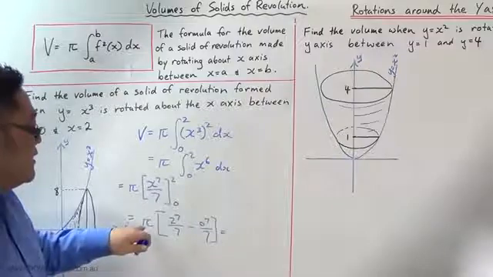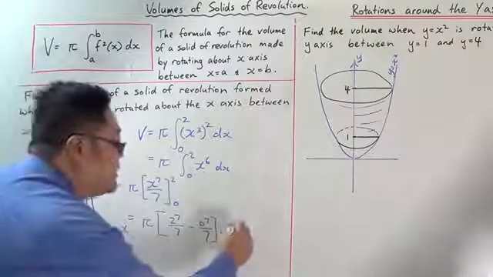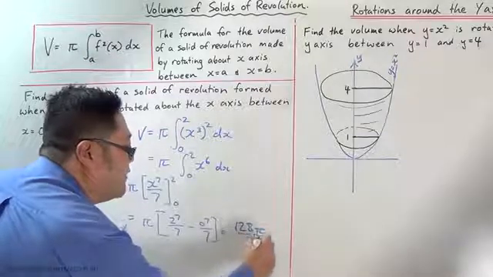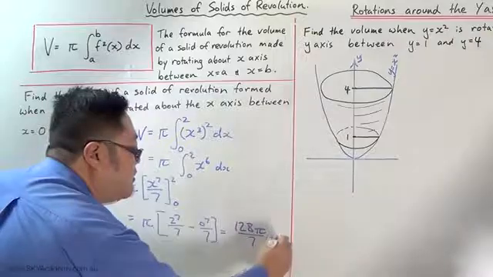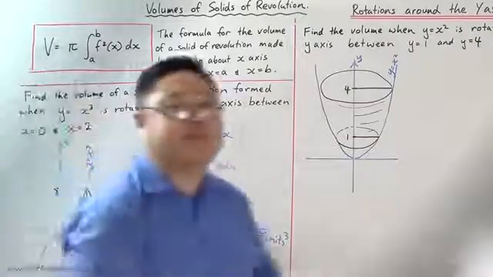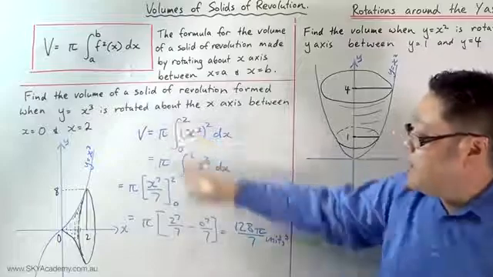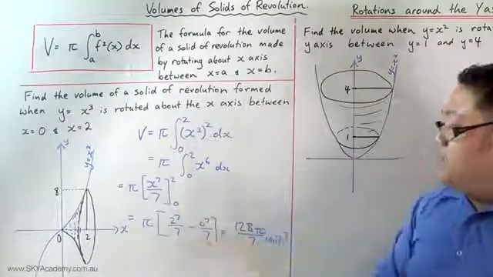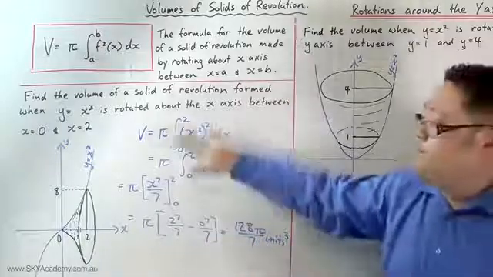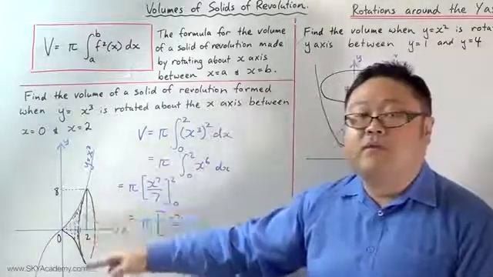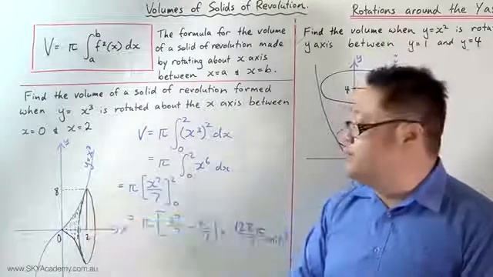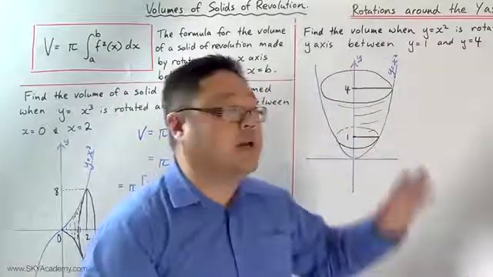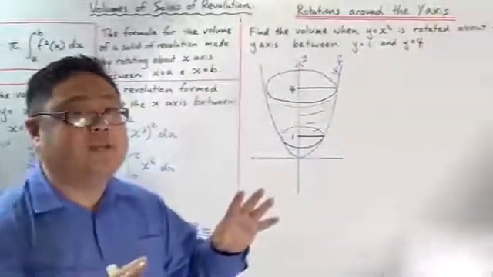So basically, the volume is going to be 128 pi on 7 cubic units. Do you follow what we've just done here? This is basically the way that we find the volume of a solid of revolution. Okay? Good.